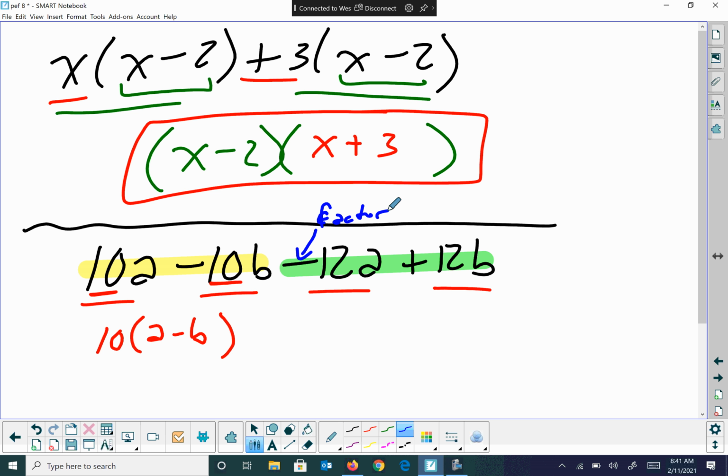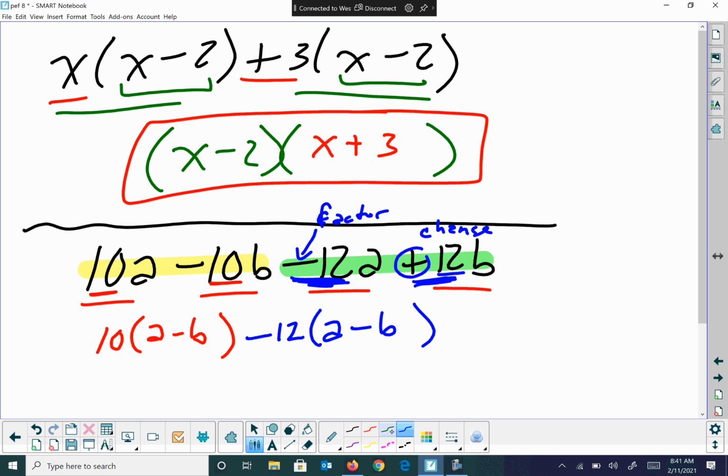So, being I have the 12 and the 12, I'm going to factor out negative 12. Now, careful. I'm factoring a negative 12 out, so this sign has to change. So it's going to be A minus B.